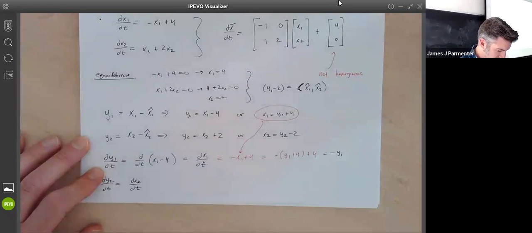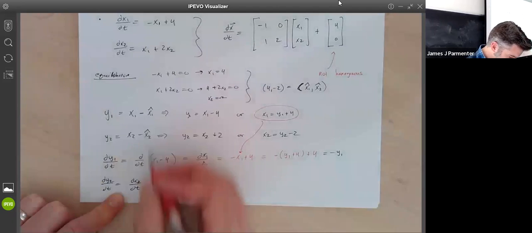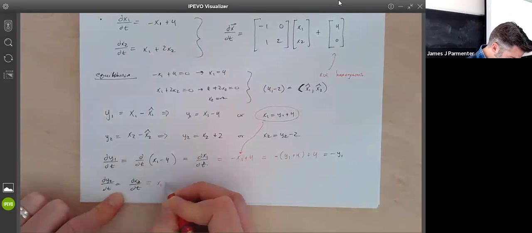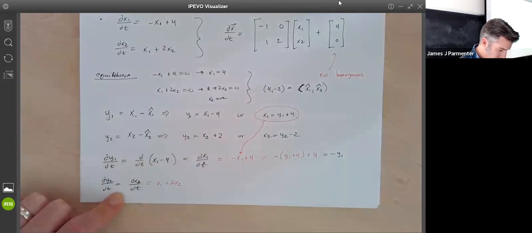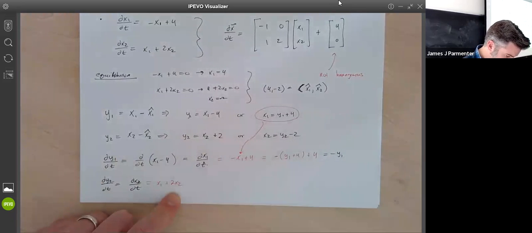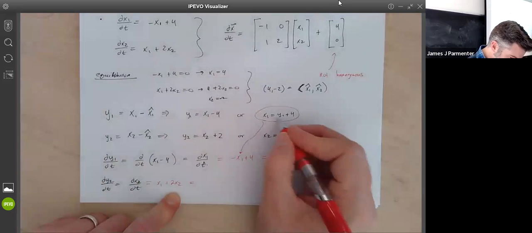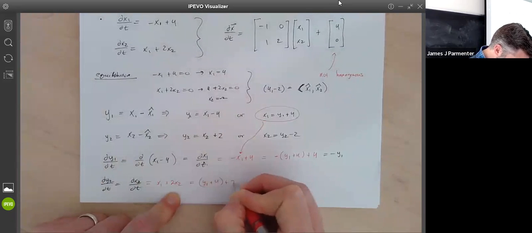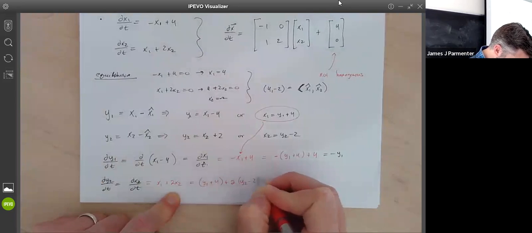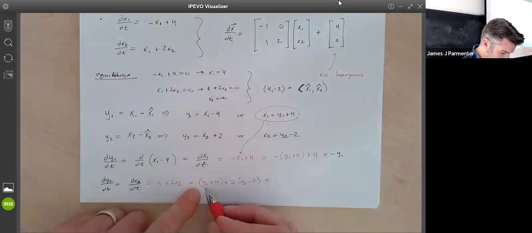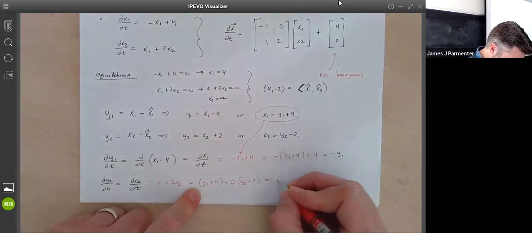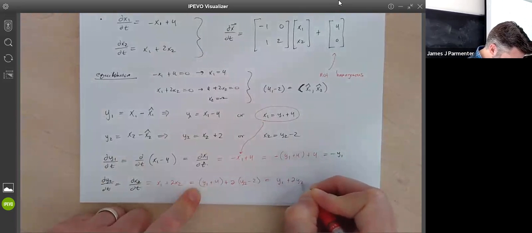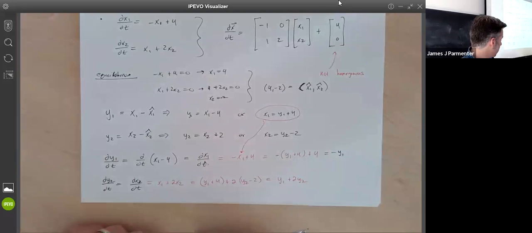In a similar fashion, dx2/dt is equal to x1 plus 2x2, and we sub in what x1 and x2 are. That's going to equal y1 plus 4 plus 2 times (y2 minus 2), which gives you y1 plus 2y2, because the 4 and the negative 4 cancel out.